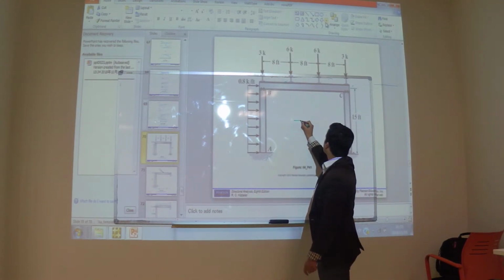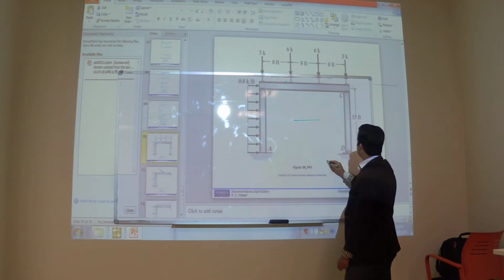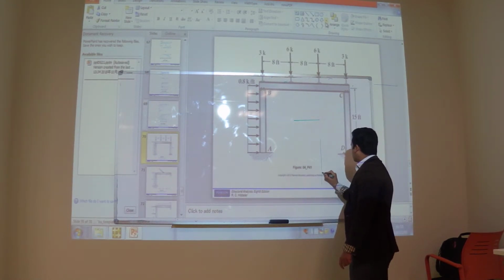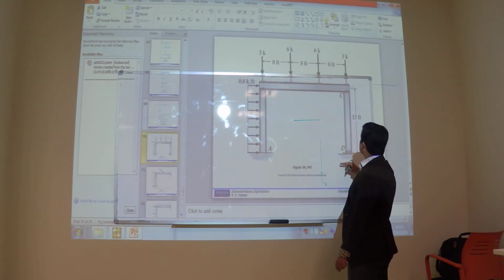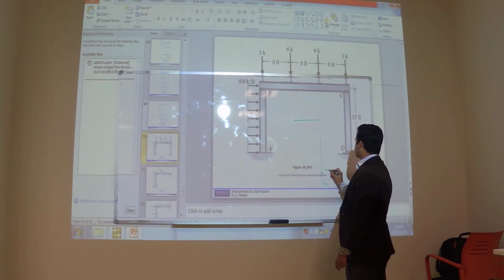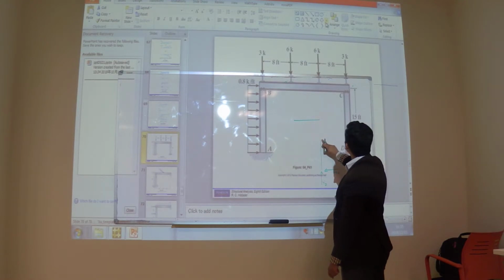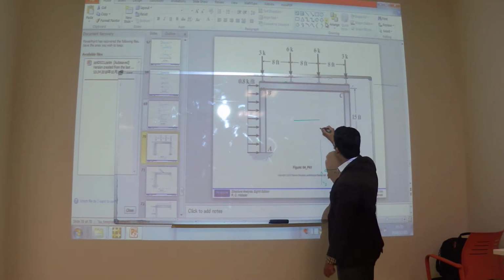For example, let's start from here. Member DC. There will be two reactions. You can assume this one is VD and left to right HD. And this is a pin, so you will be having two reactions here as well.